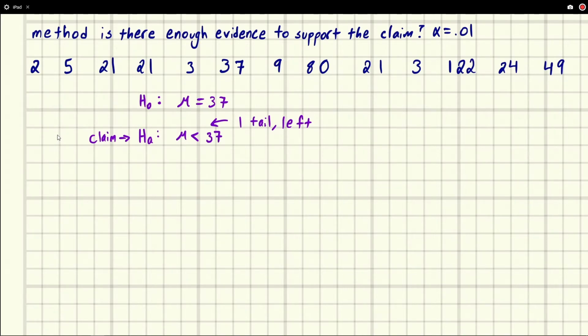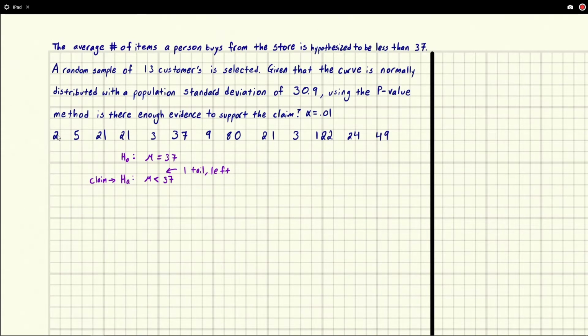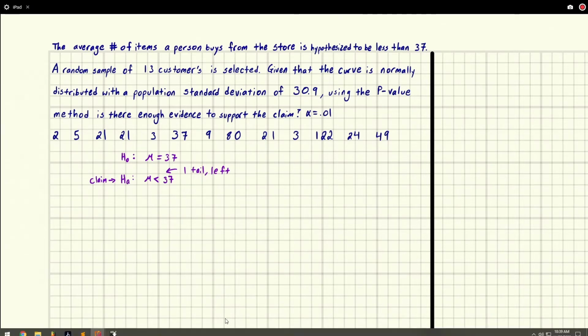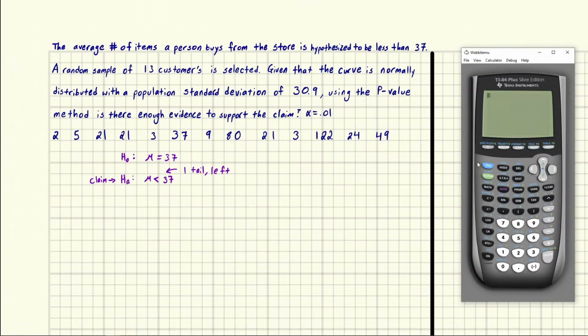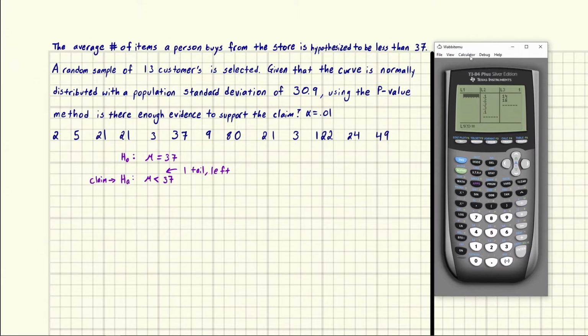So now let's go ahead and get the statistics. We're given all these numbers, and we're going to find what we need using the calculator, because what we need is a sample mean. We're going to go into our list editing area and clear out a list if there's stuff in it, and put this in.